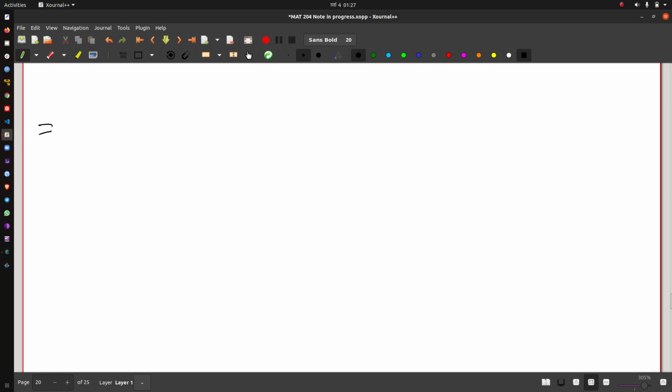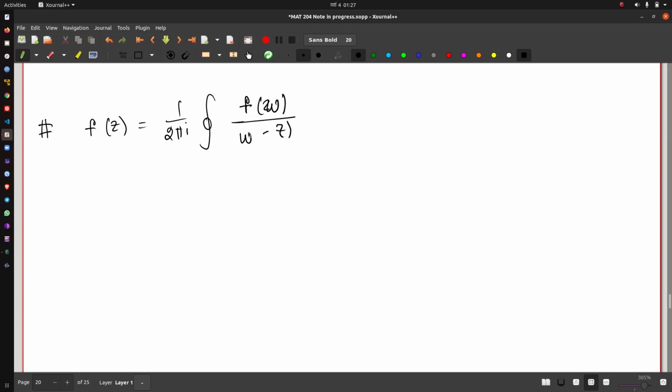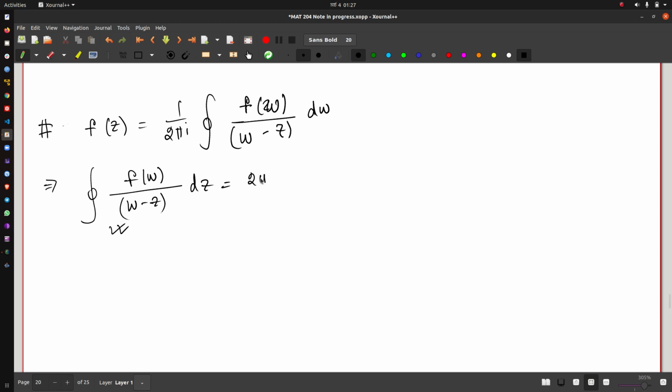For example, if you take a closer look at Cauchy's formula, just look at the formula again. 1 over 2 pi i, contour integral of, let's say, f of w over (w minus z) dw. If I take 2 pi i on the left side, what I have ultimately is that this integral will evaluate to 2 pi i times f of z, right?